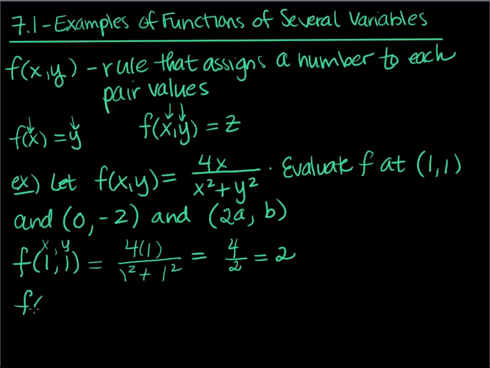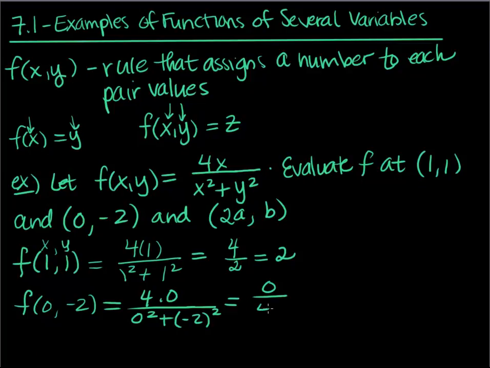For f of 0, -2, if I plug that in, again, I'm going to put in 0 for every x I see and -2 for every y I see, and I would get 0 over 4, which is also known as 0. And then the last one, f of 2a, b.